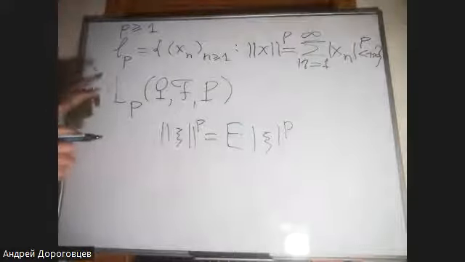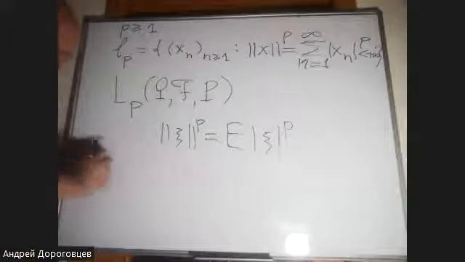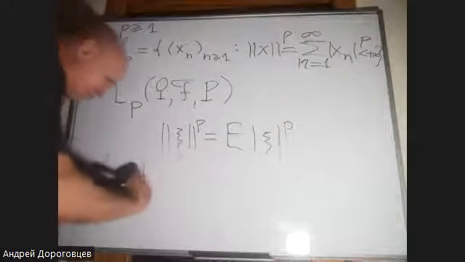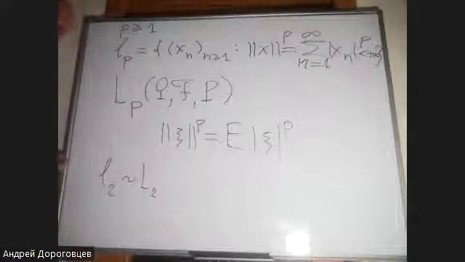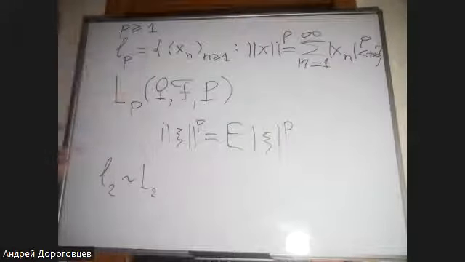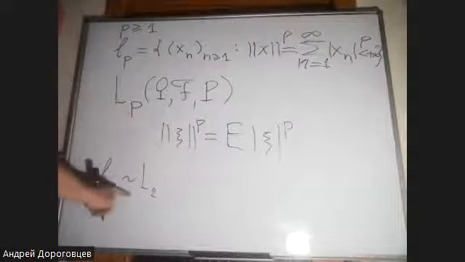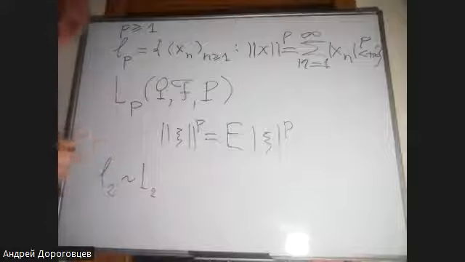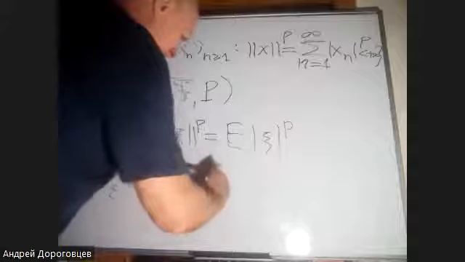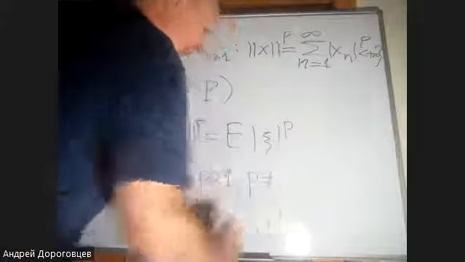You remember our last consideration related to Hilbert space was the following. This is isomorphic to any L2. Here p is greater than 1. Of course, when p is equal to 2, we have this. What happens in other cases? Suppose we have p which is greater than or equal to 1, p is not equal to 2.